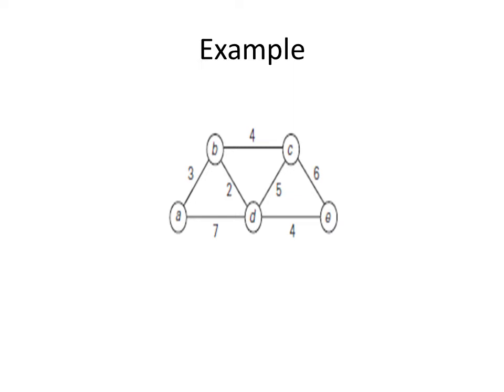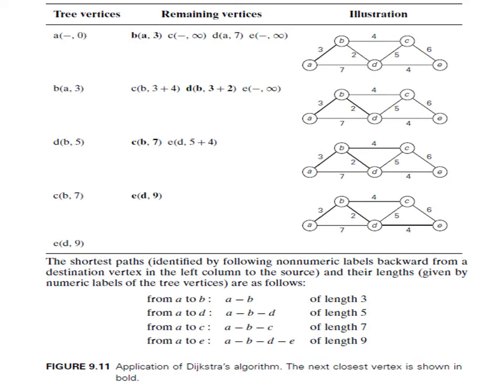Consider this example. We have 5 vertices here, and each edge will be having its own cost, we can notice. So here let us consider A as the source vertex.